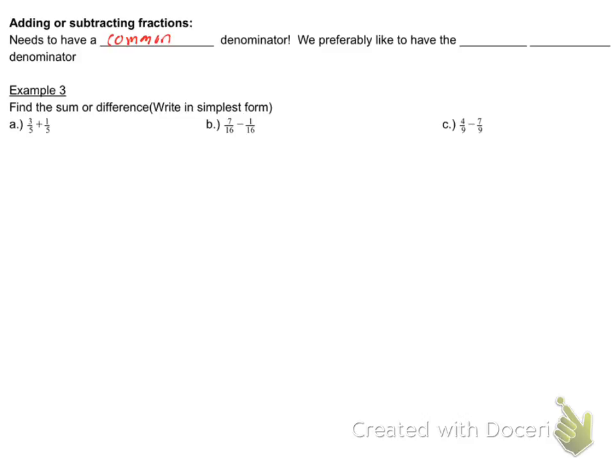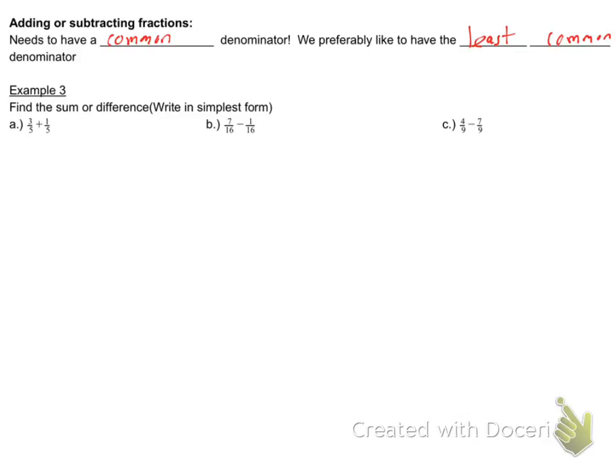We talked about that in the last slide. So the smallest possible number. You can just have any common denominator to make these things work, but if you use the smallest one possible, you don't have to reduce at the end, more likely.